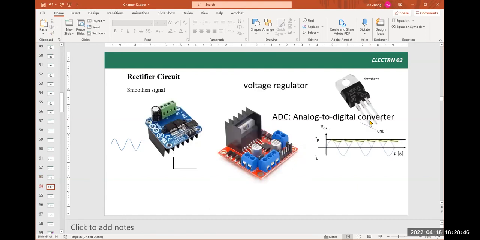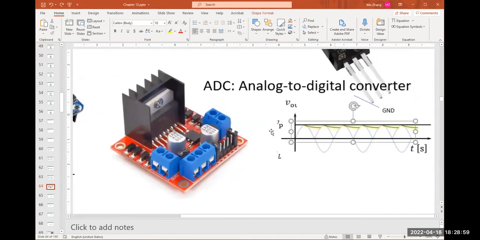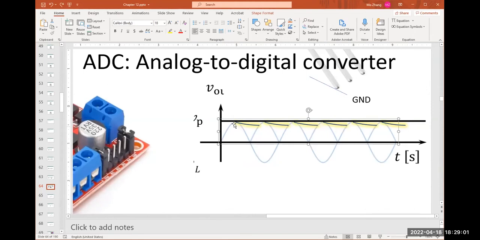Okay. Here are this is related to this. So we know, right? Adding a capacitor makes the waveform gradually go down and pretty smooth.